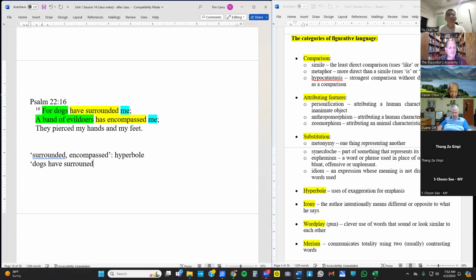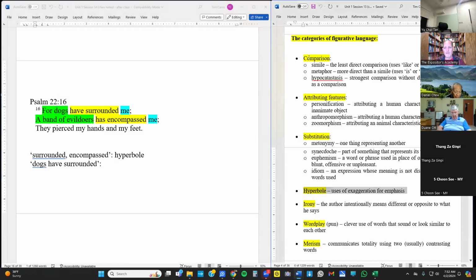It could be zoomorphism. Well, zoomorphism is when God is given animal characteristics. Here, remember, a comparison is being made: a band of evildoers being compared to dogs. So what kind of comparison?